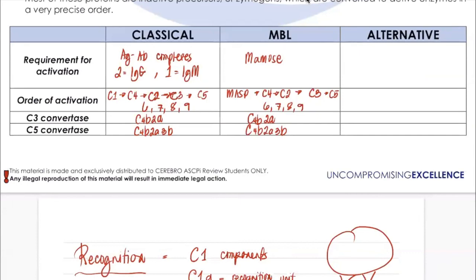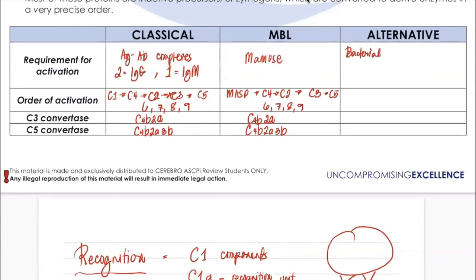And ano ba yung mga kailangan, no, in order for the alternative cascade to be activated? Yung pinaka-stimulus talaga, no, the major stimulus for the activation of the alternative cascade is yung mga bacterial lipopolysaccharide. Okay?